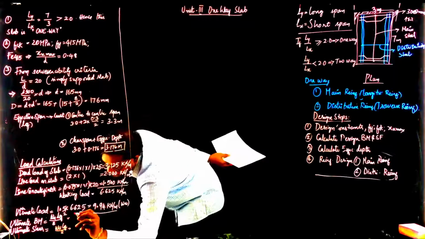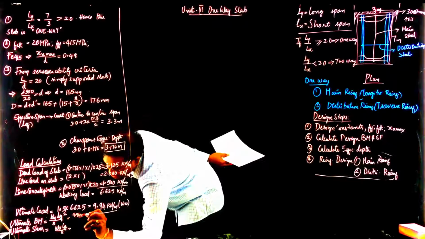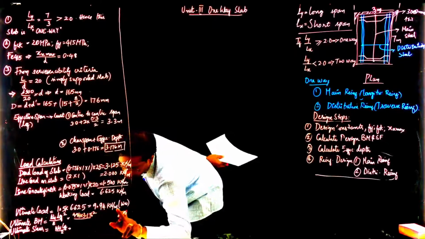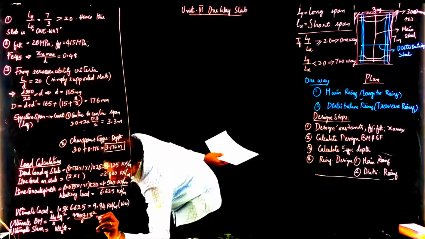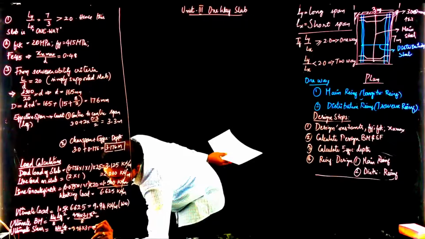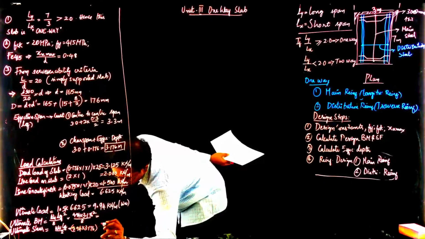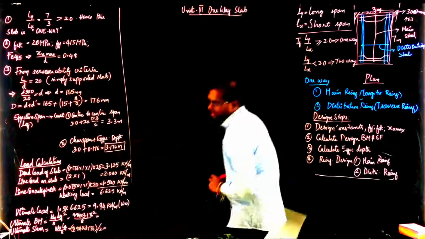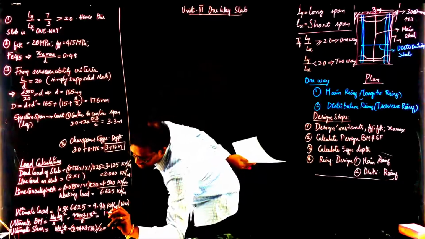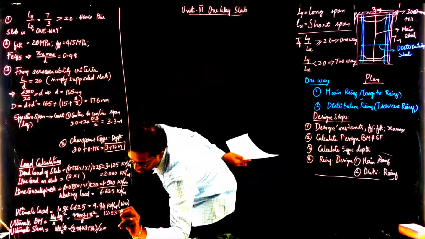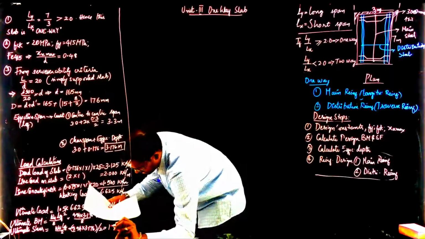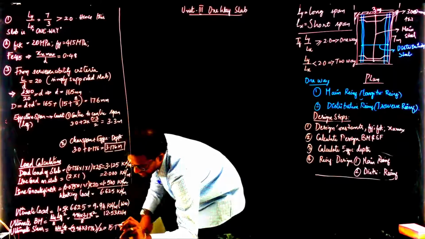So substituting 9.94 into 3.176 square by 8, you will get the bending moment value, and 9.94 into 3.176 by 2 gives the ultimate shear value. So the ultimate bending moment is 12.53 kilonewton meter, and the shear force is 15.78 kilonewton.